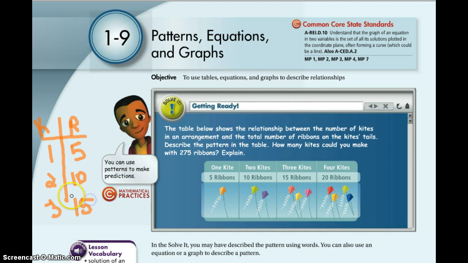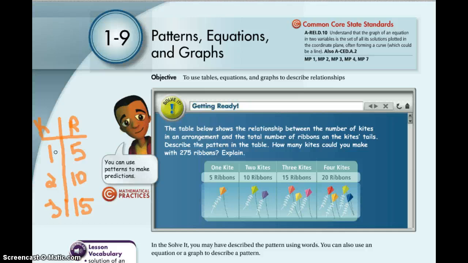Hopefully you're noticing a pattern. As my number of kites increases, my number of ribbons increases by 5.